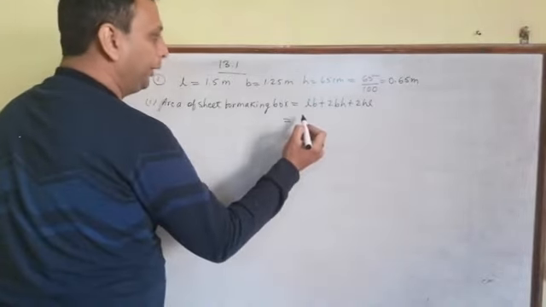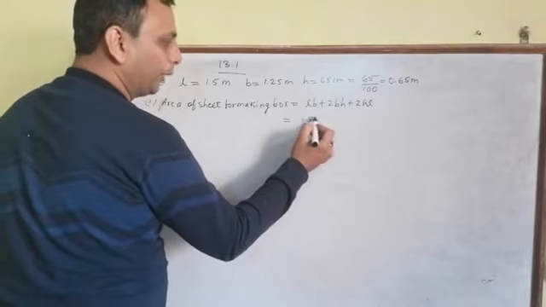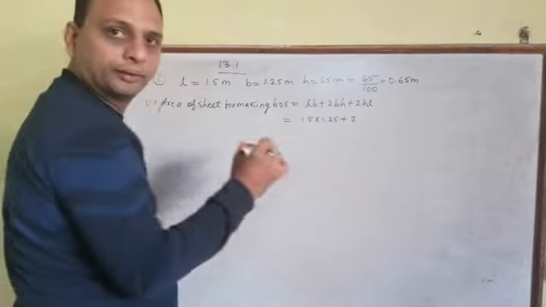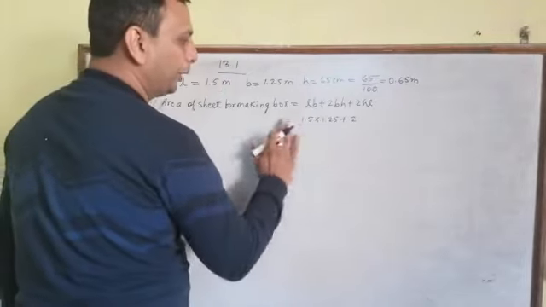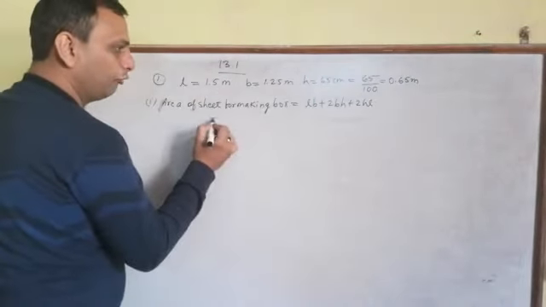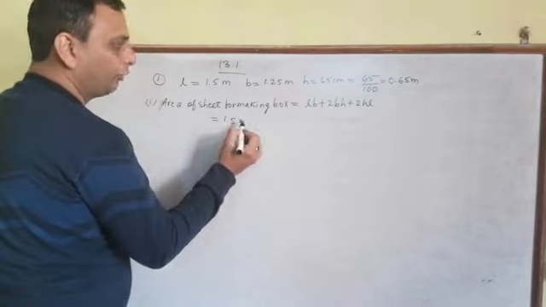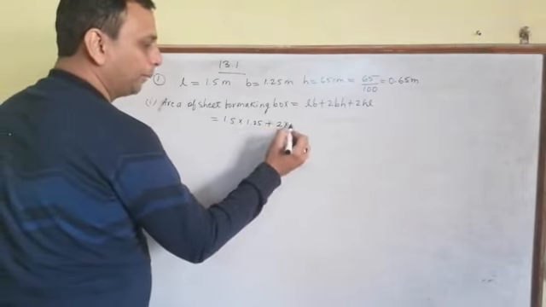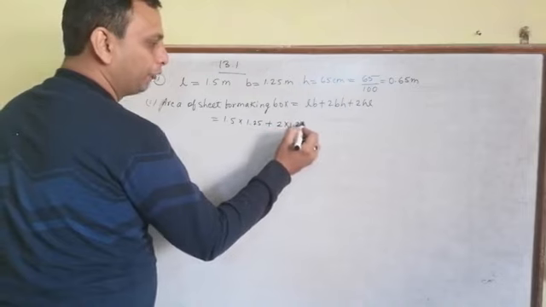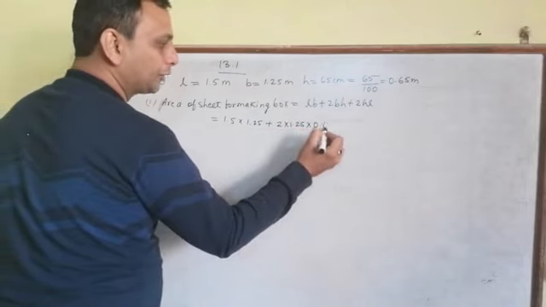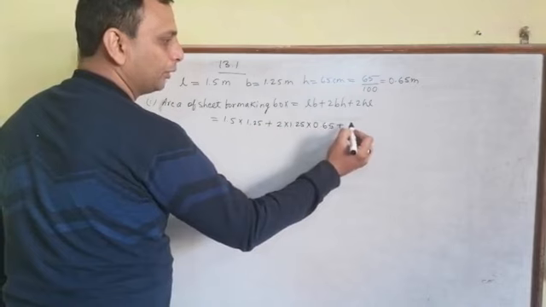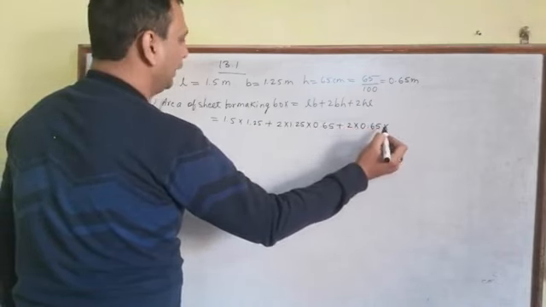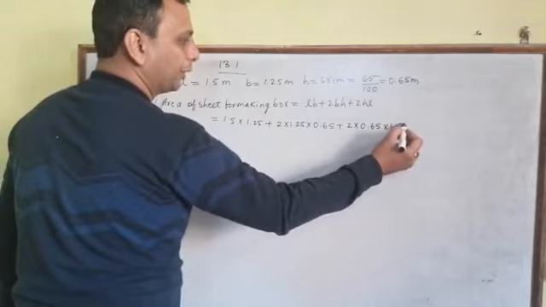So the length is 1.5, the width is 1.25, then 2 multiplied by 1.25 and the height 0.65, then 2 into 0.65, with length 1.5 meter.